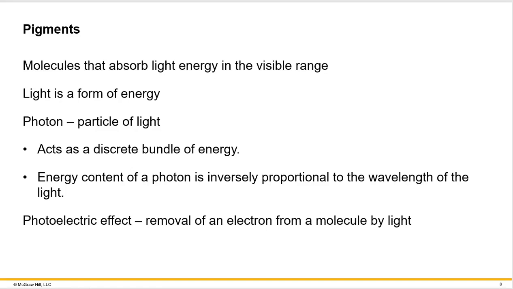So the longer the wavelength of light, the lower energy, and the shorter wavelengths of light have a higher energy. And sometimes when a pigment gets struck, it has this thing called a photoelectric effect, where it removes an electron from a molecule because of light.